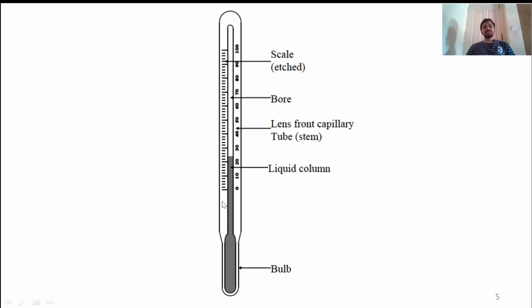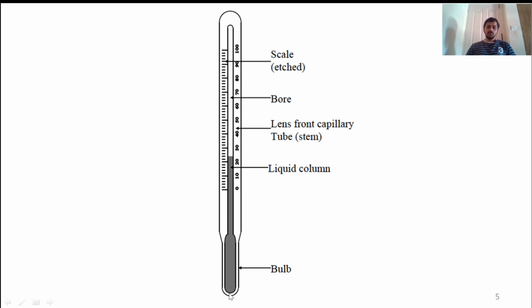One system has mercury, another system has this bulb or glass tube, and the third one is the surface at which the temperature is to be measured. Initially the bulb will be in contact with the surface, and they will establish thermal equilibrium with each other.